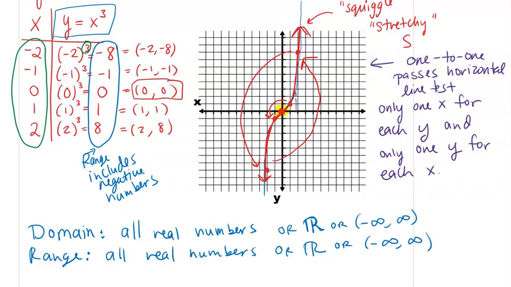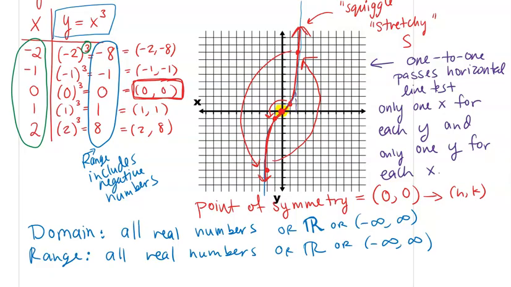And so that is a type of point symmetry. So this graph has a point of symmetry, not an axis of symmetry, a point of symmetry, because it's rotational symmetry, not a reflection. And for the parent function, that is at 0, 0, that middle point here. Eventually, when we do transformations, that is going to become our h, k.